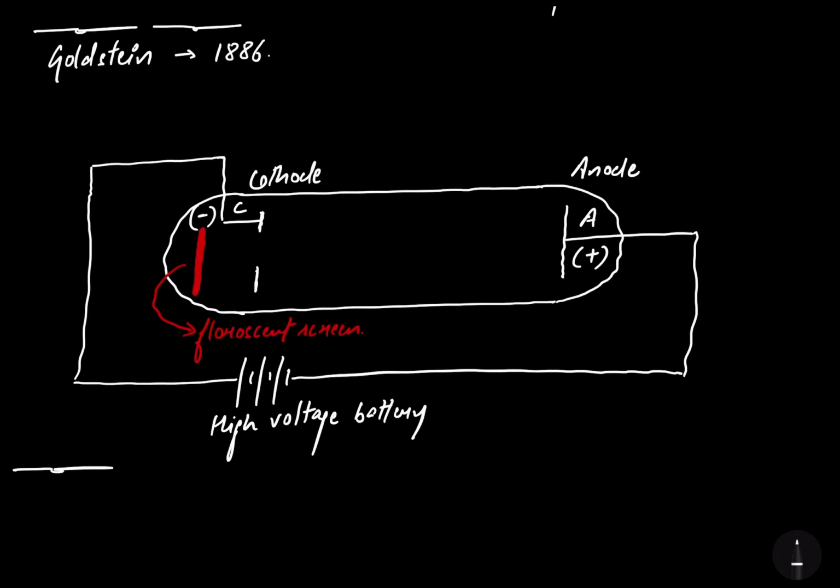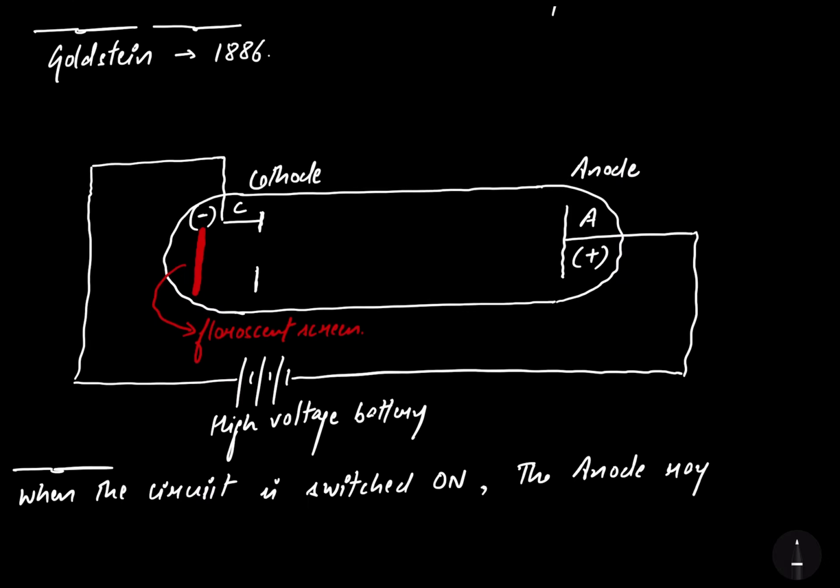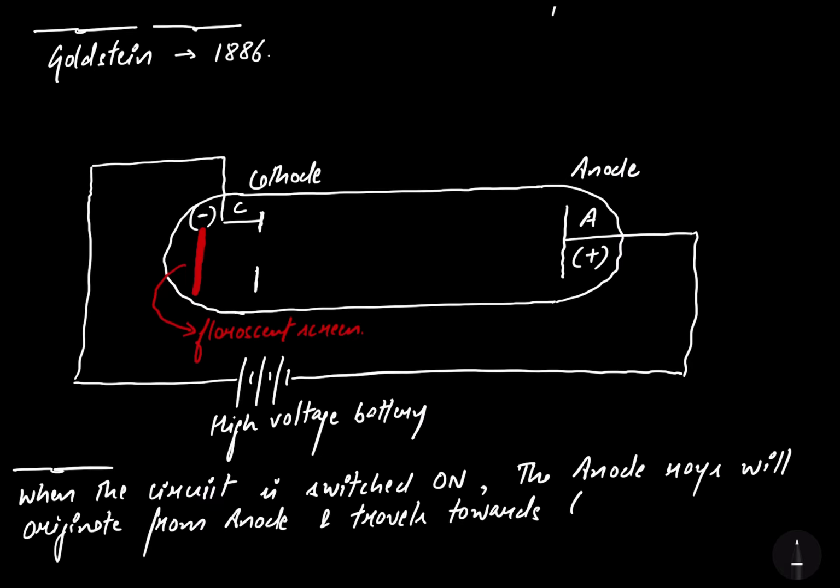So I'm writing: when the circuit is switched on, the anode rays will originate from the anode and travel towards the cathode.